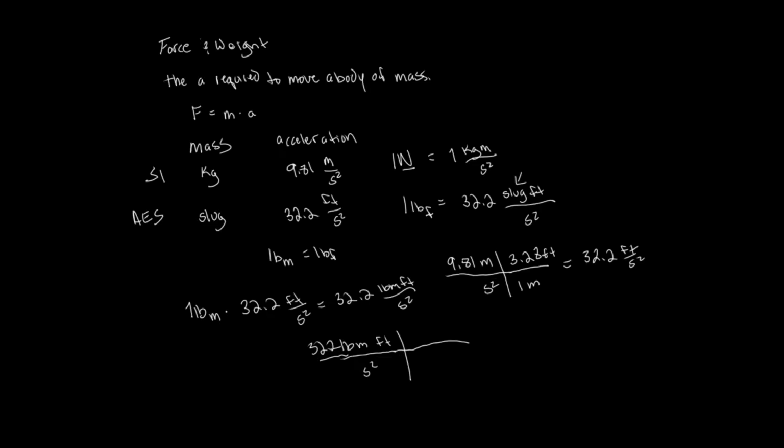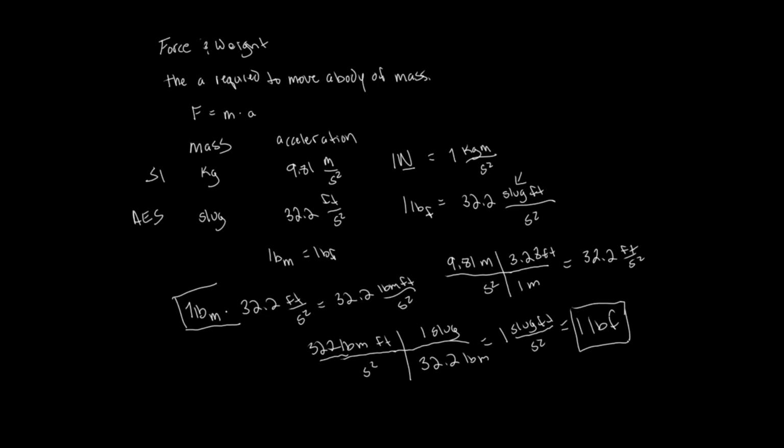So 1 slug is equal to 32.2 pound mass, and we come out to 1 slug foot per second squared. You see? Which is equal to 1 pound force. So we have found that 1 pound mass is equal to 1 pound force in Earth's gravity.